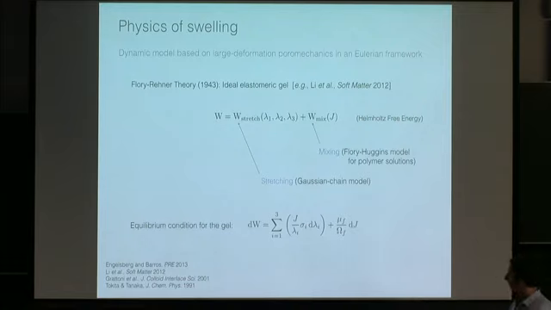For stretching, we use what's called a Gaussian chain model, which has been developed in the context of rubber elasticity. This basically assumes that your gel is made up of an isotropic network of polymer chains, and as you stretch them, there's some sort of entropic penalty for stretching them, and you can then calculate what the elastic energy should be as a function of that. The mixing comes from the theory of polymer solutions.